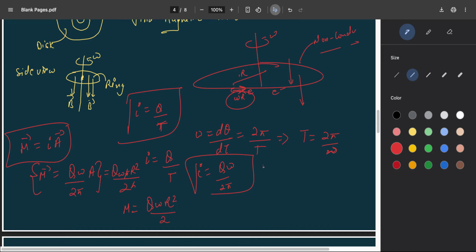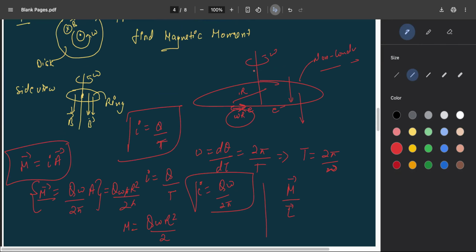Okay, so Kirtana, I'll explain one more thing. If I divide this magnetic dipole moment m, whatever value, by angular momentum, can you tell me the angular momentum of this situation? If it has a mass m, assume this ring has mass m. Can you tell me the angular momentum?